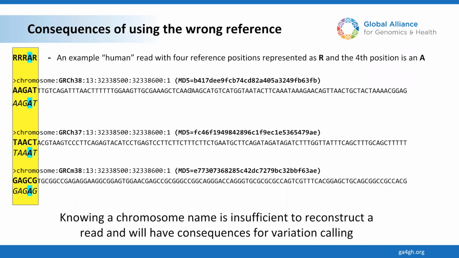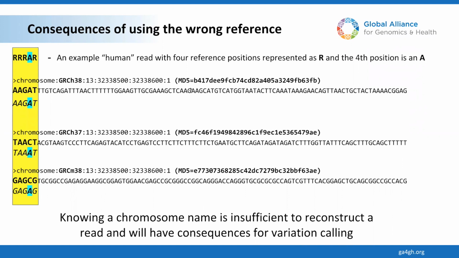We have an example 5 base pair read at the top left, which has a run of 3 reference base pairs, a base, and then a 5th reference base pair.